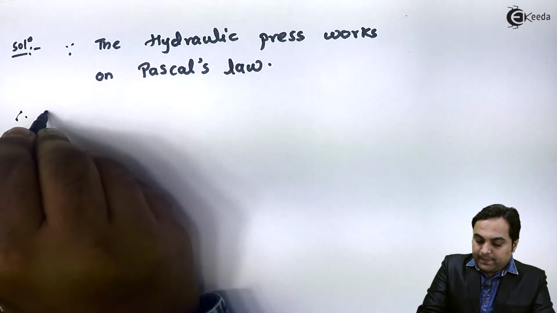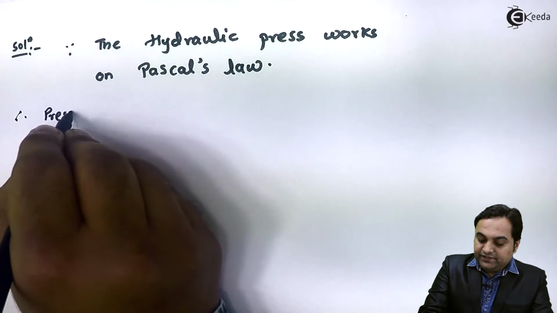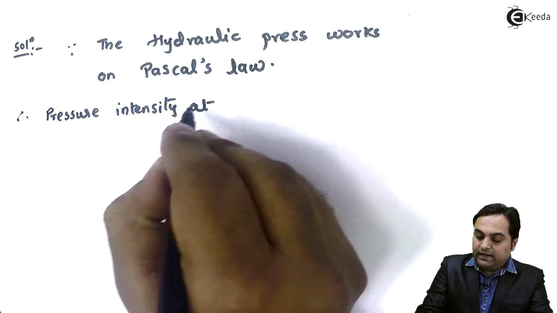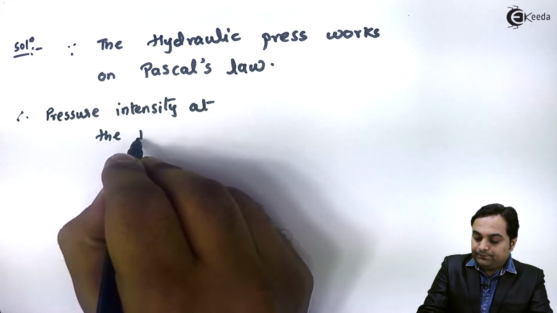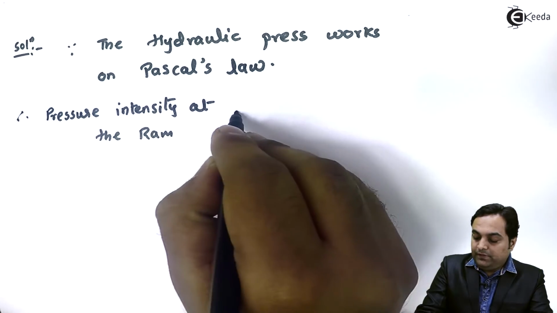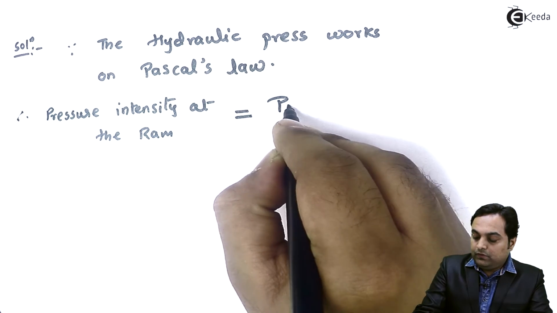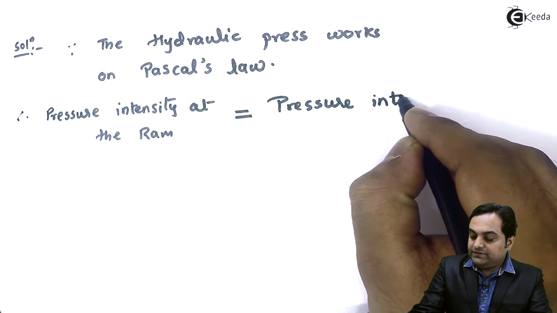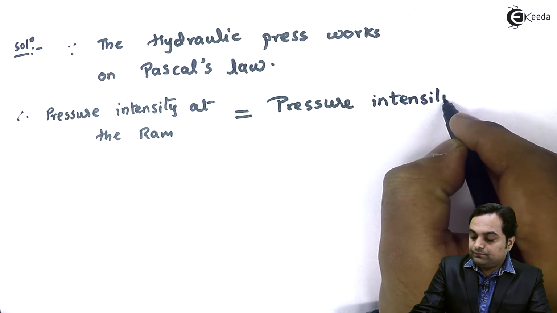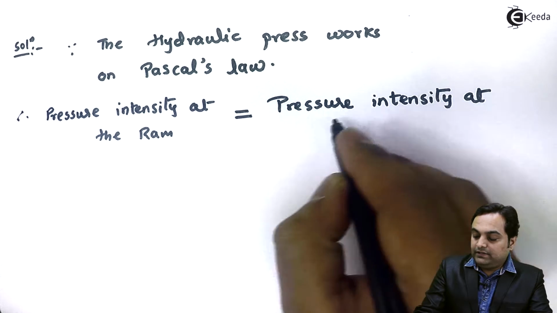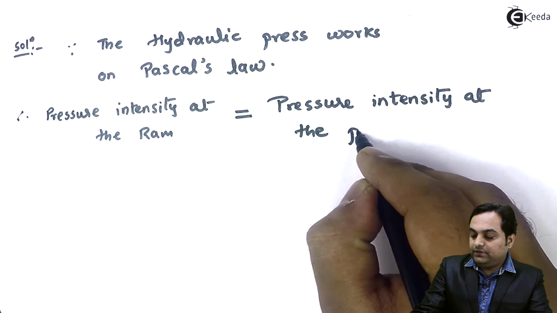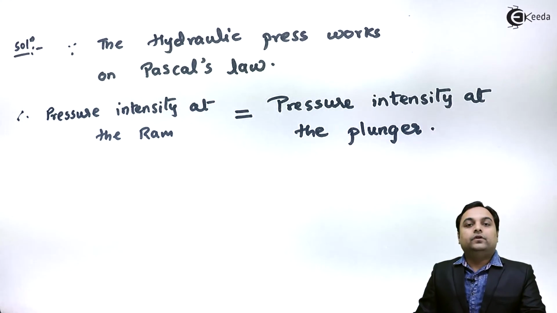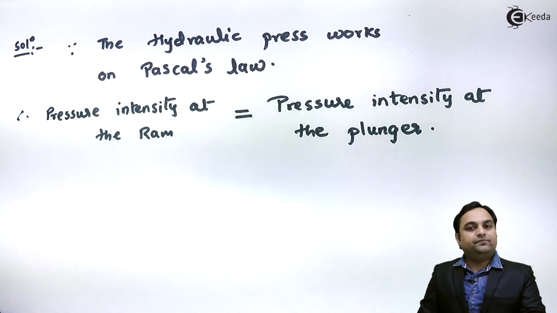So therefore, I'll say that pressure intensity at the ram will be equal to pressure intensity at the plunger. This is a very important result of Pascal's law.